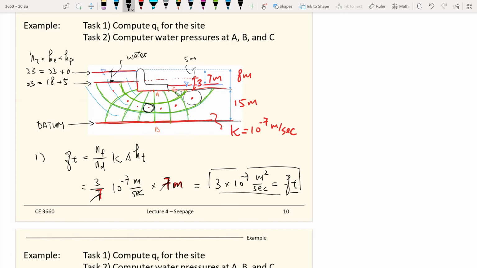So we finish the upstream, and then next we go to our downstream. At this elevation right here, again the total head equals the elevation head plus the potential head.